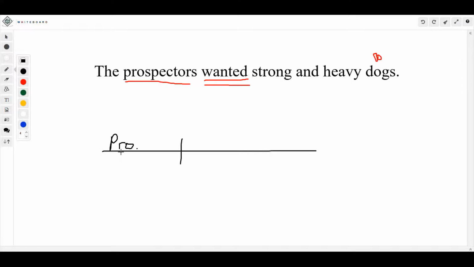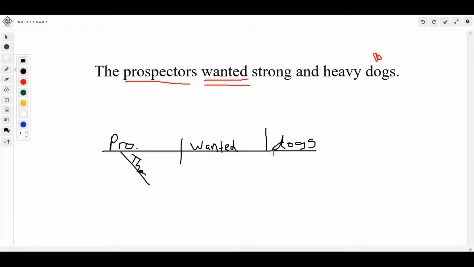The is an article, which is a special adjective that modifies that. Okay, our verb is wanted. And we have a direct object. So remember, direct object goes like this. And we have dogs.